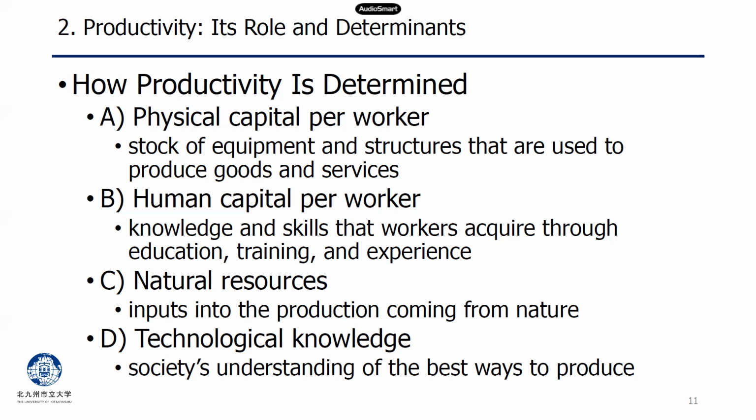So there are some ways to determine one worker's productivity. The first thing we should look at is the physical capital per worker. It looks at the stock of equipment and structures. It means the machines that you can use. So for example, if you're living in a country where you have tractors or very advanced machines for farming, then your productivity is high.